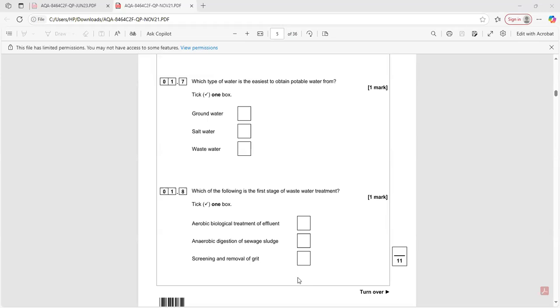But with salt water, to get potable water you would have to boil it completely, and then you have to look for a way to prevent yourself from losing the water.